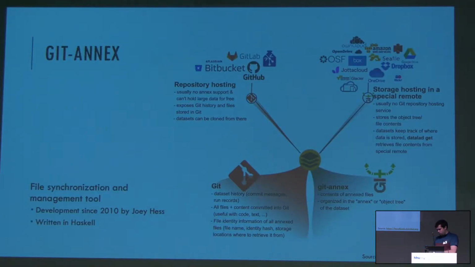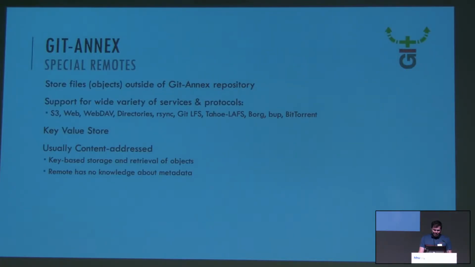Okay, so now about my special remote. I'm quite glad that I can skip a few slides here because I don't need to introduce git-annex anymore. We know from the git-annex perspective, a special remote is basically something like a key value store. We are storing a key, we're getting the object. There are quite a lot of them, and what I do is basically implement a new special remote.